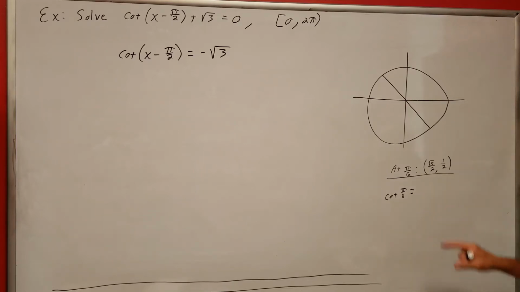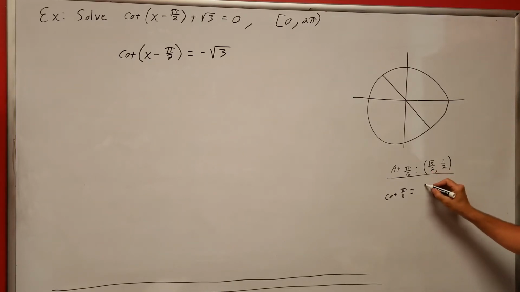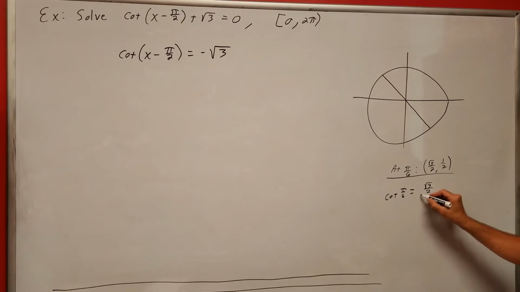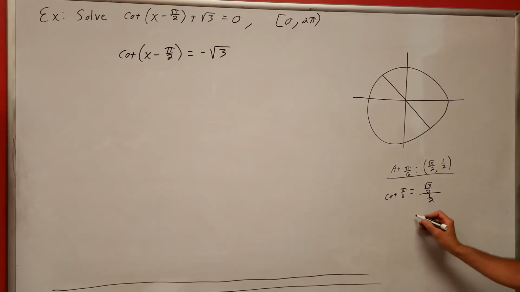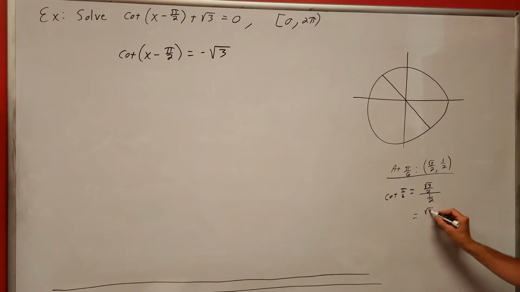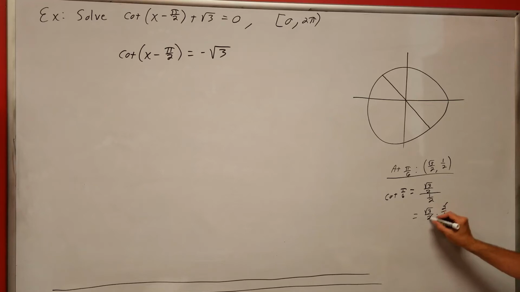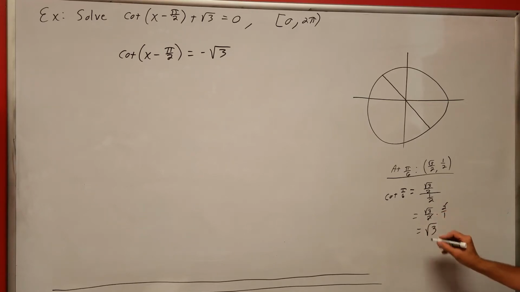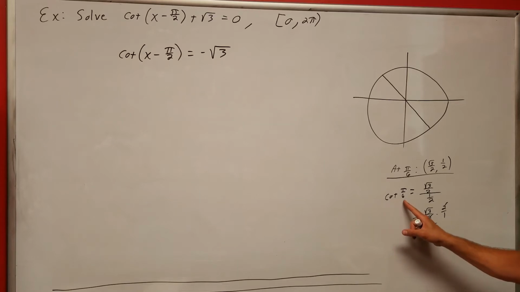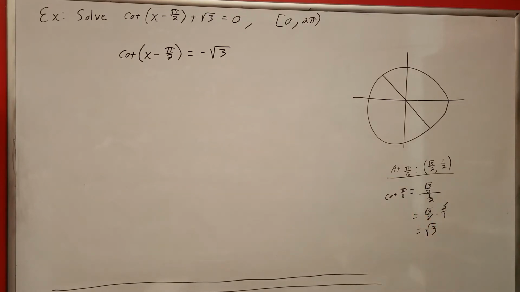What is that going to be? That's going to be cosine over sine, square root of 3 over 2 over 1/2, right? And what does that give me? Square root of 3 over 2 times the reciprocal, 2 over 1, and I get the square root of 3. So what are we saying here? We're saying the cotangent of pi over 6 is square root of 3.